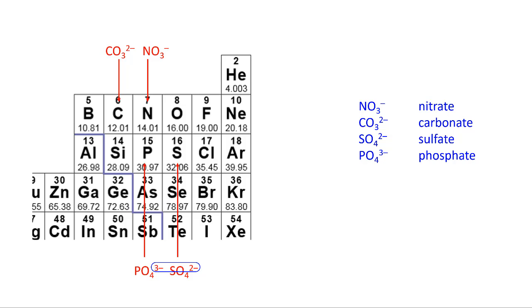Okay, now we're going to look at the last 3 of these polyatomic ions that end in ate. These ones contain chlorine, bromine, and iodine. Now the pattern does not continue for sulfate and chlorate. They do not have the same number of oxygens. Chlorate actually has 1 fewer oxygen than sulfate.